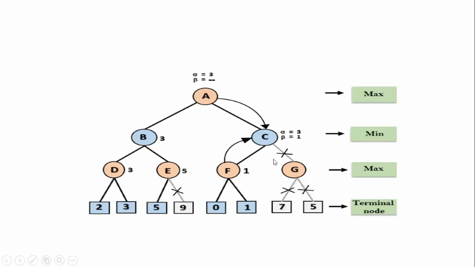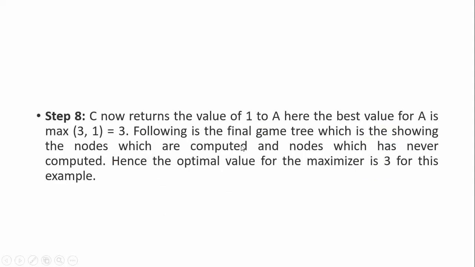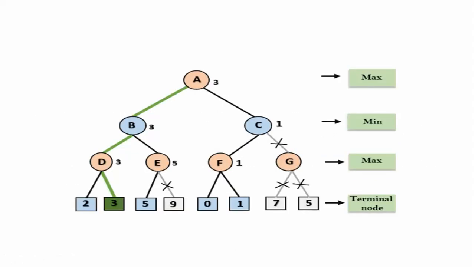We can prune this entire subtree, and then we provide the conclusion: among these two things, which one is the maximum? At maximum level we are going to concentrate on the alpha value only. We are going to pass those values to the alpha. I will show the entire tree to you here. At the minimum level, among these two things, the minimum value is copied to the upper nodes. 1 is here.